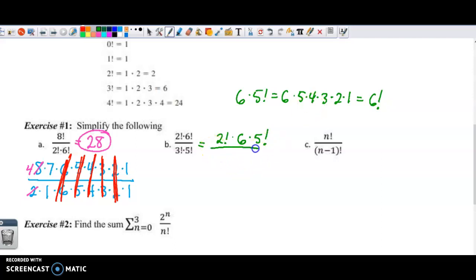And the reason why I leave things like that alone is because then I can rewrite 3 factorial as 3 times 2 factorial. I can leave 5 factorial alone, and I can quickly look at that and say, okay, well, the 2 factorials will cancel, the 5 factorials will cancel, and 6 divided by 3 is 2.